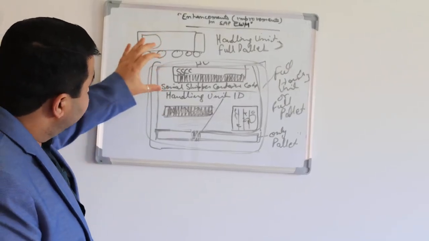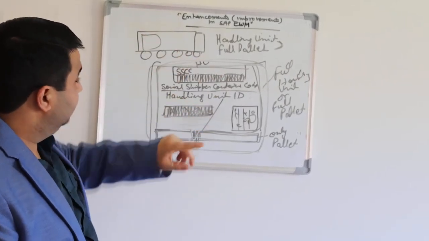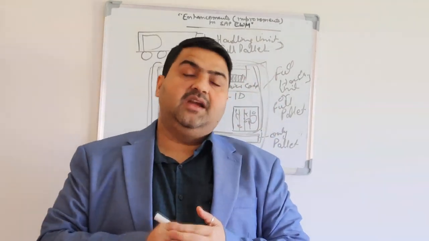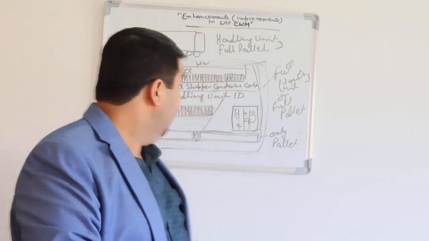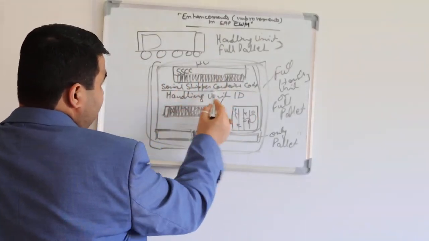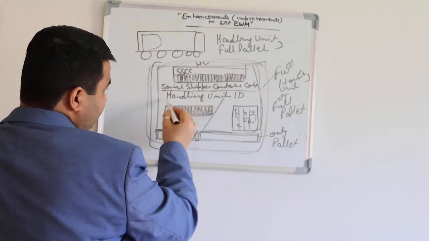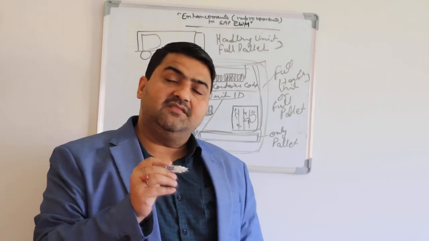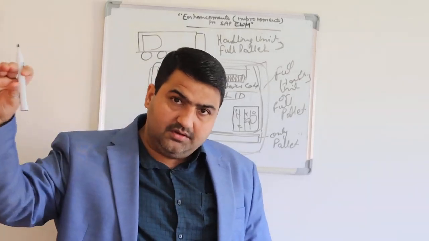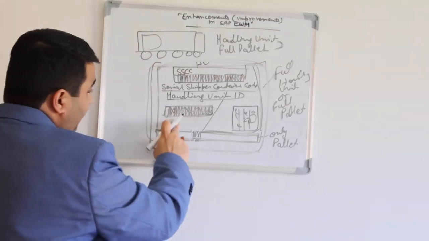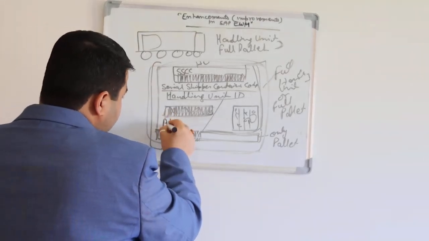So until last week we were receiving the multiple handling units and product from the vendor or supplier with the normal serial shipper container code, which is the handling unit ID. But from last week the vendor sent us one more barcode, and in that barcode we have additional information.